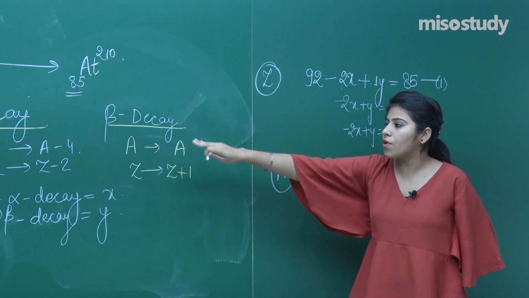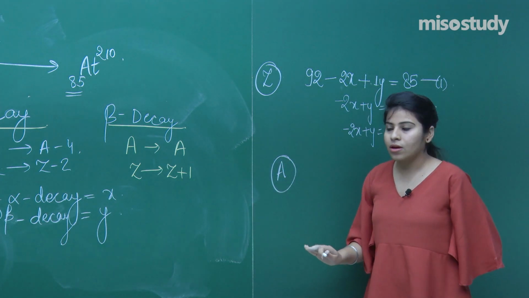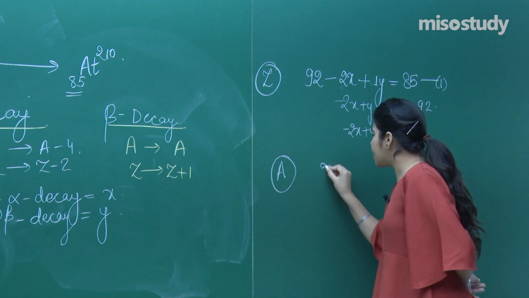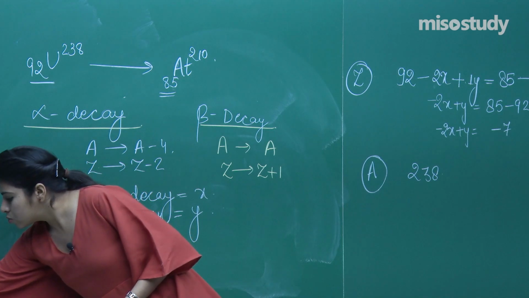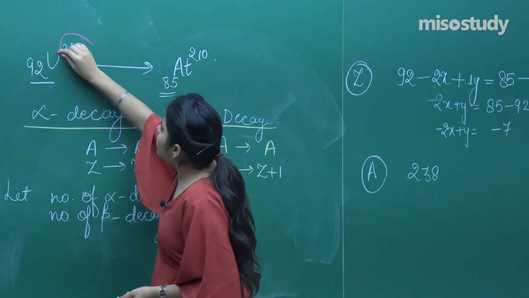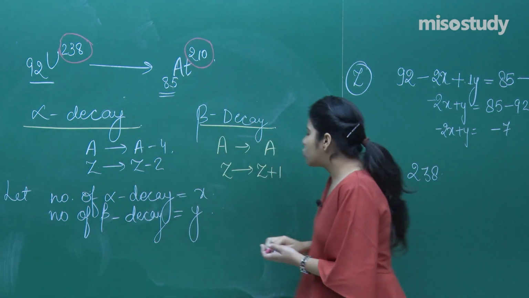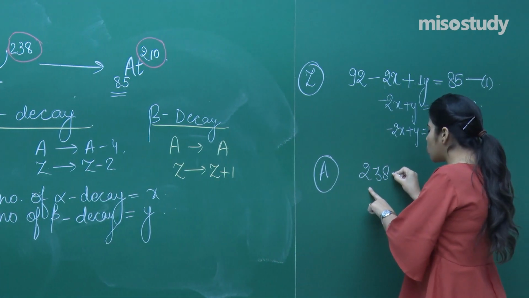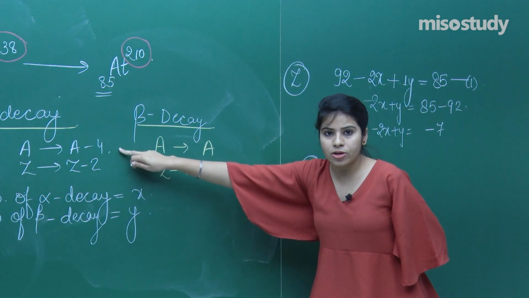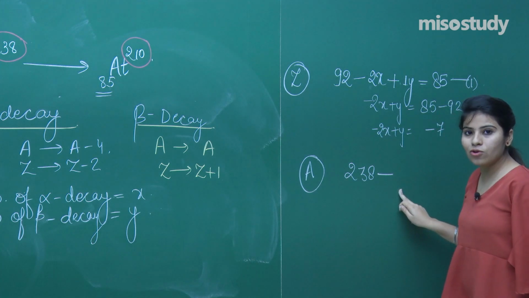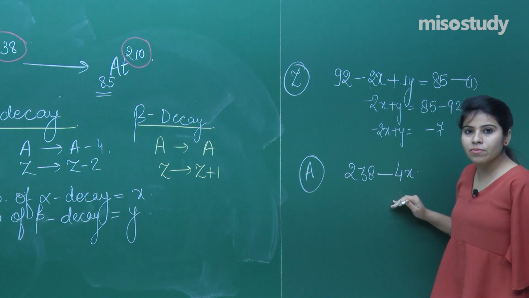Now if I take the case of mass number, that means A, as you know the mass number in alpha decay will be reduced by 4, and in beta decay it will remain the same. So earlier it was 238, and after the decay it has become 210. So we write 238 minus 4 into x, because it is reducing by 4.